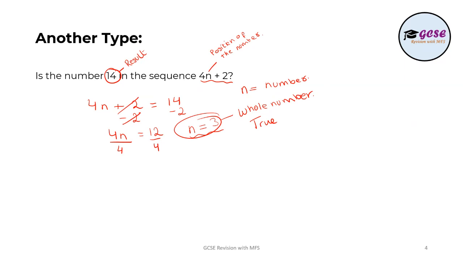Okay. I have a question for you guys to have a go at. Is the number 21 in the sequence 3n minus 2? Have a go at it. I'll give you 1 minute, and type your answer in the Q&A. If you have any questions, please send them to me in the Q&A and I'll give you a response back.